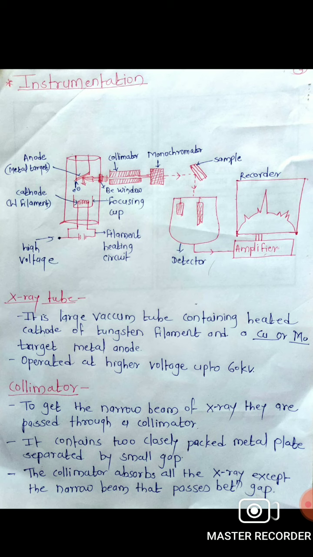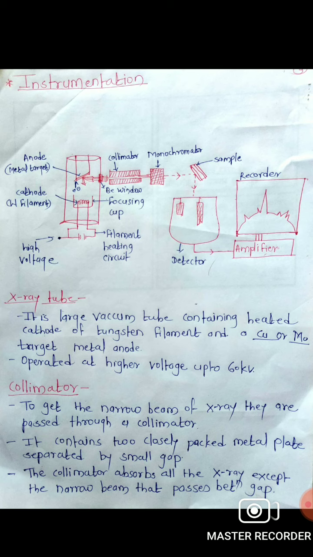In the X-ray tube, the cathode, which is a filament of tungsten metal, is heated by a battery or the filament heating circuit to emit thermionic electrons. After heating, the tungsten filament or cathode supplies the electrons, and these electrons constitute the cathode ray stream.